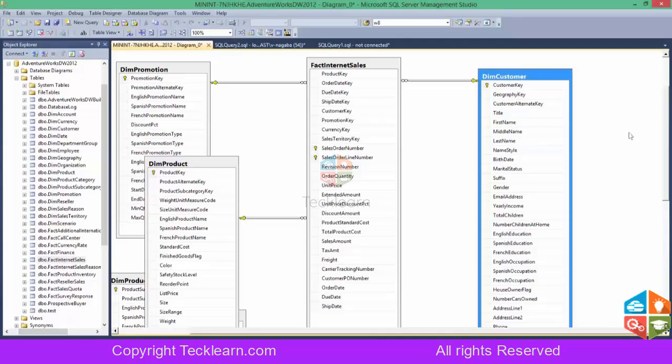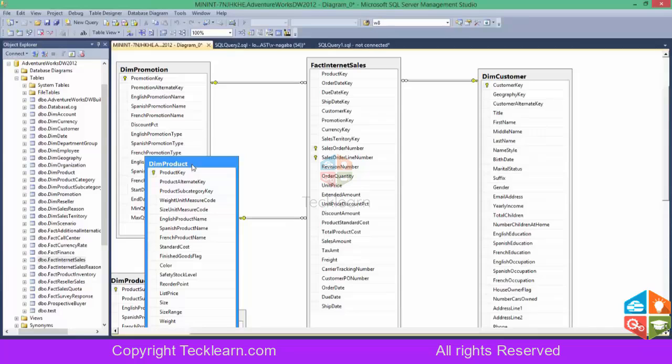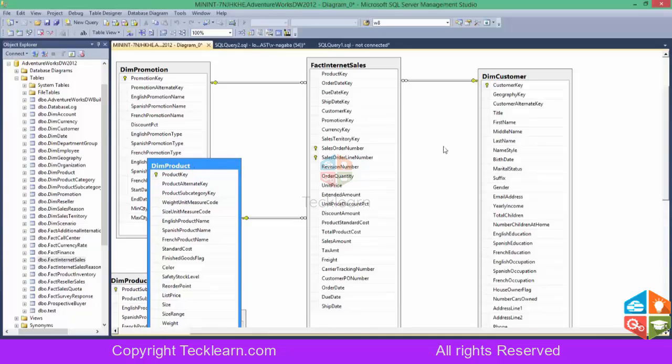Something which will not really modify, that is your product dimension. In contrast to that, a fact is something which will keep growing daily, regularly, and something which will not change at all.